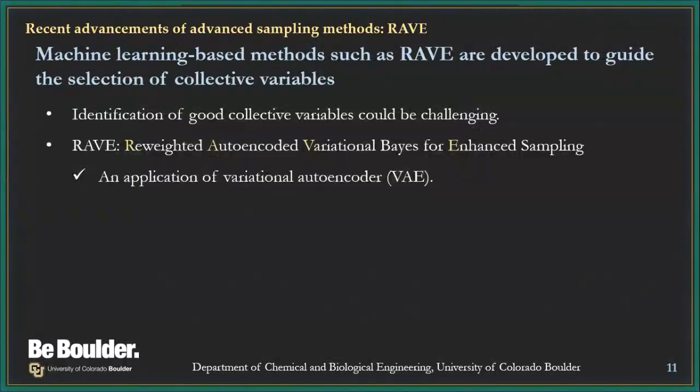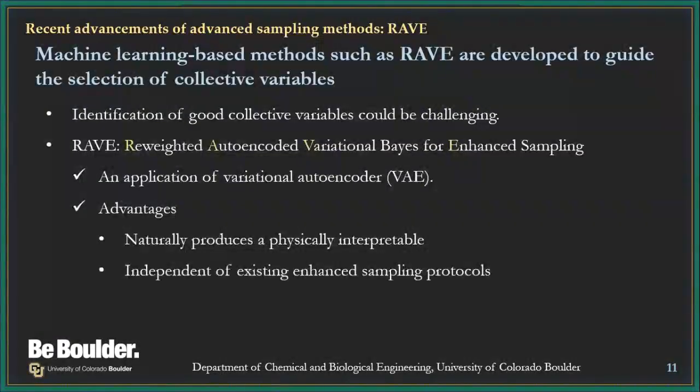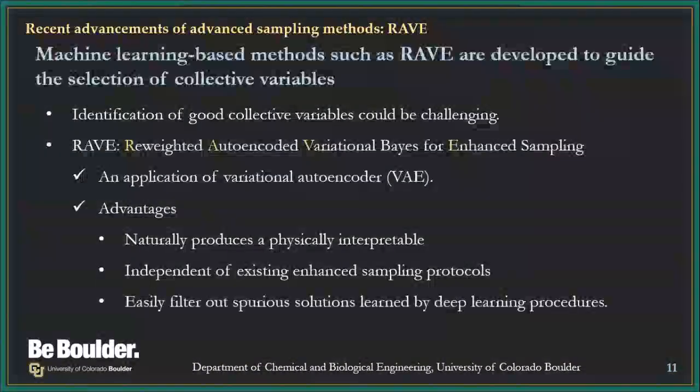One of the advantages of using RAVE is that it is able to naturally produce physically interpretable collective variables. In addition, it is independent of existing enhanced sampling protocols and can easily filter out spurious solutions learned by the deep learning procedures.